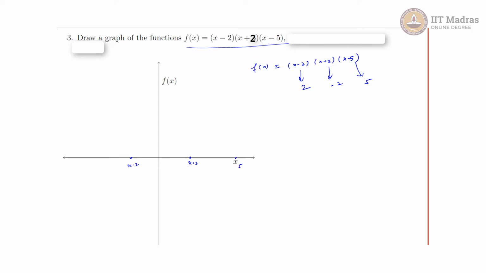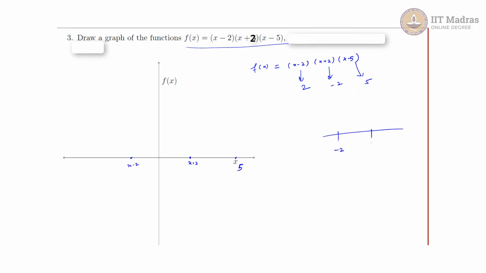Now the next thing is how the curve will look. You know, if we are getting 3 intercepts, it means the curve will have 2 turning points. What does it mean?